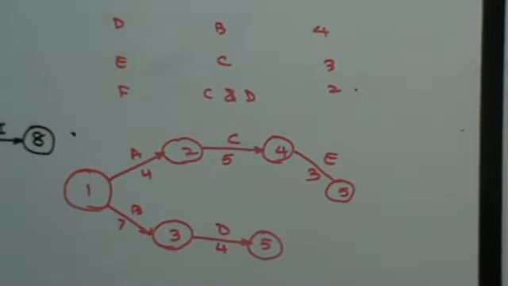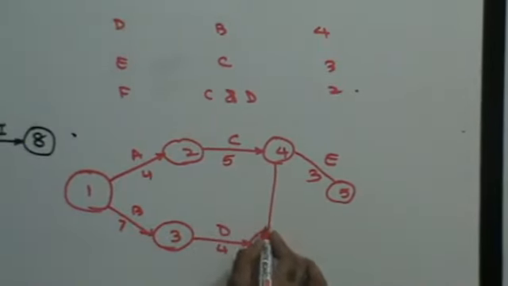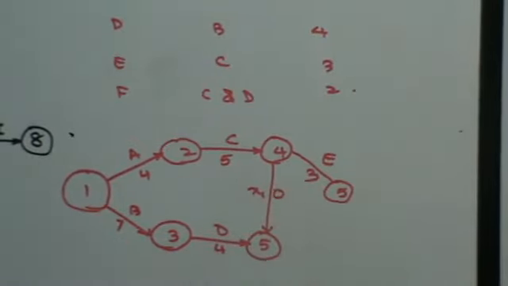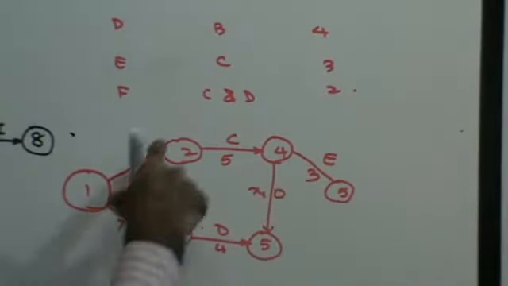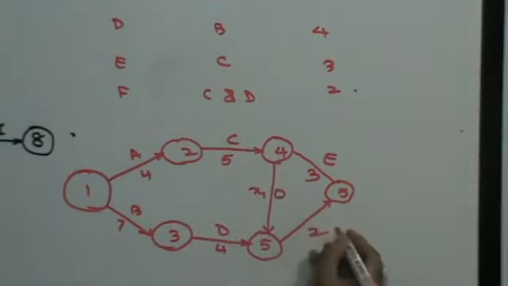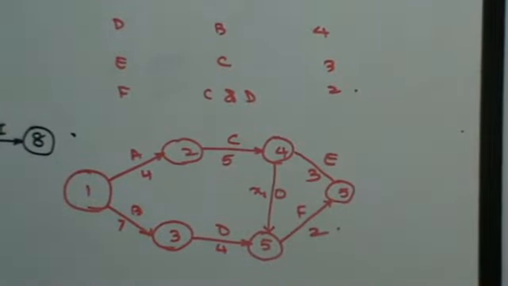And C and D combined together, that means I have to have an event coming in here. Since the time period is not given, this is a dummy and its time period will be 0. So now C and D combine together to give you F, which is for 2 days. That will be the network diagram for this, right?